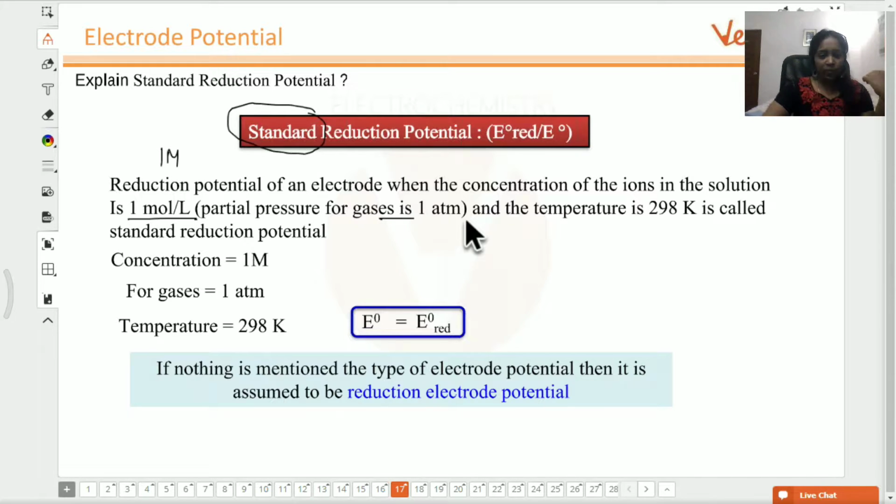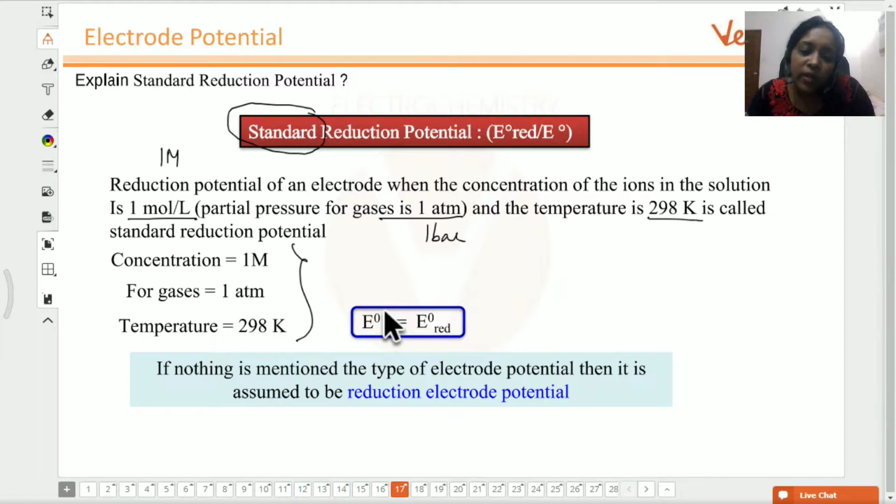If it's a gas, then I will say 1 atmosphere or 1 bar. And the temperature is taken to be room temperature, which is 298 Kelvin. If I'm following these three standard conditions, I will put a not sign there. Not is for standard. So E not is basically a standard reduction potential.